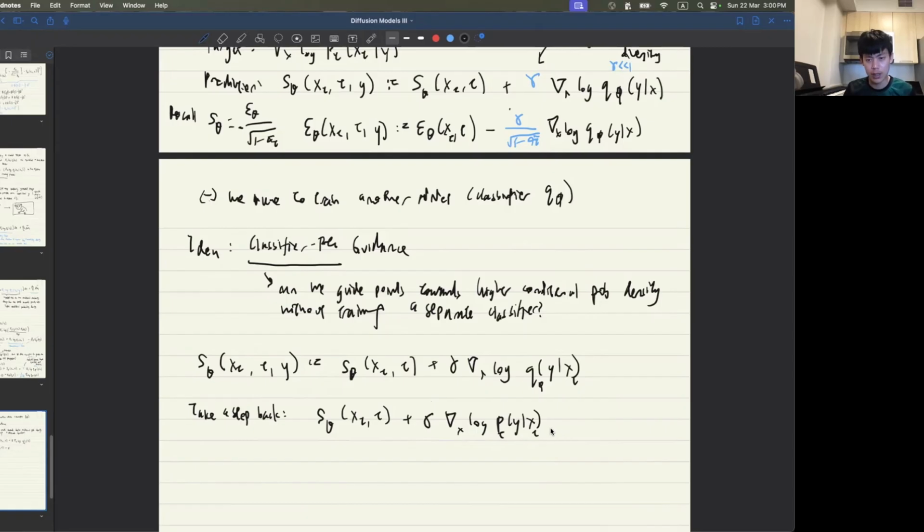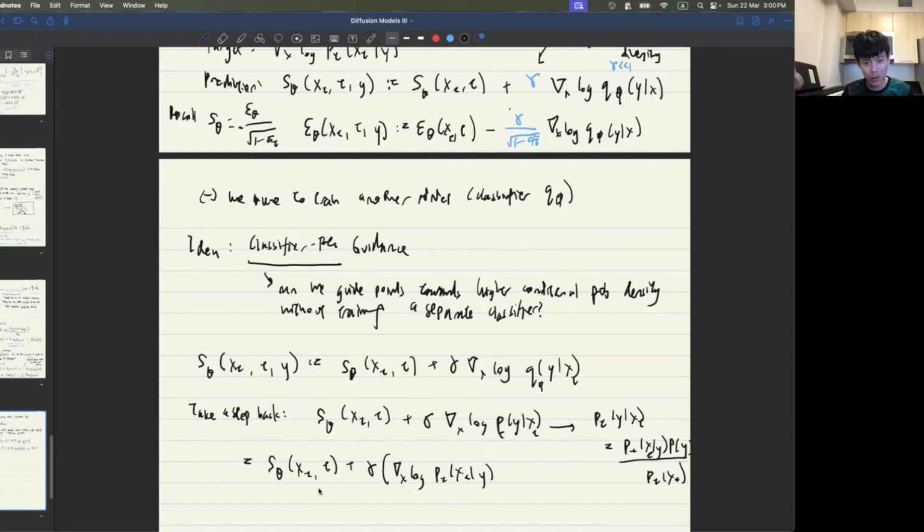But this true classifier gradient, pt(y given x), by Bayes' rule is pt(x given y) p(y) over pt(xt). If we combine the terms together, we can get gamma times the gradient of the log of this whole term, which will be the gradient of log of pt(xt given y).